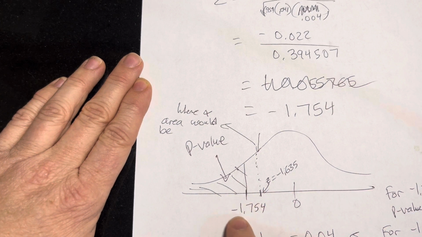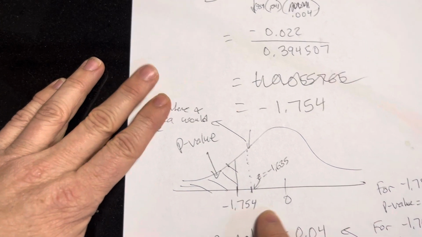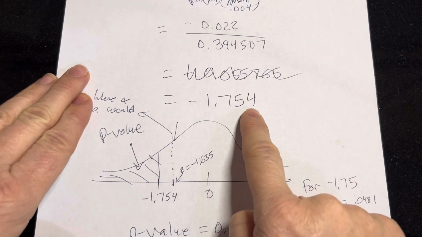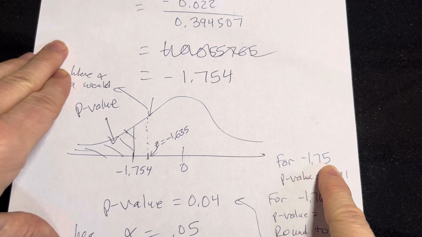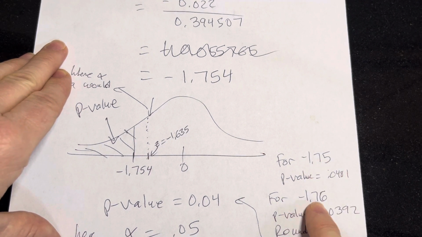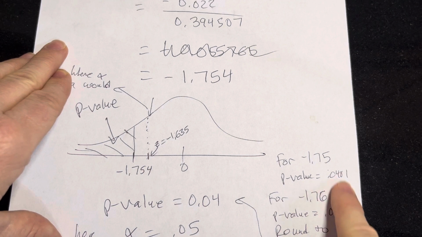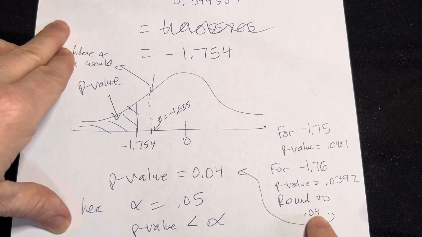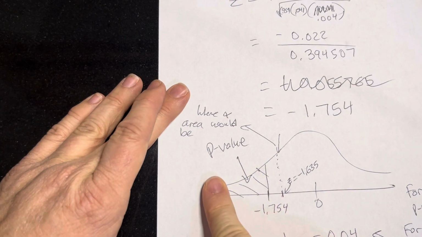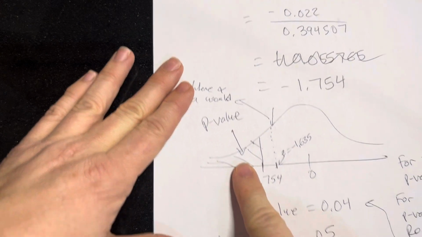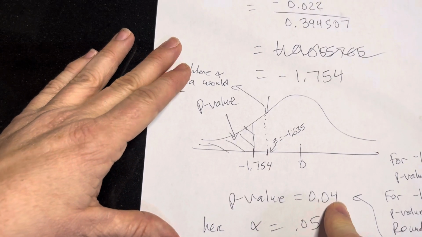So if we look up 1.754 in the table, to be really accurate, we could look up 1.75 and 1.76 and see if we can get a value right in between. Right in between, we can round to 0.04. So if you look at the tail to the left, that's your p-value. That's going to be equal to 0.04.